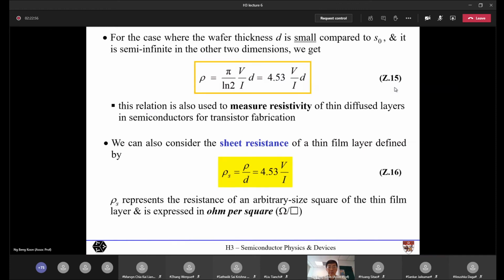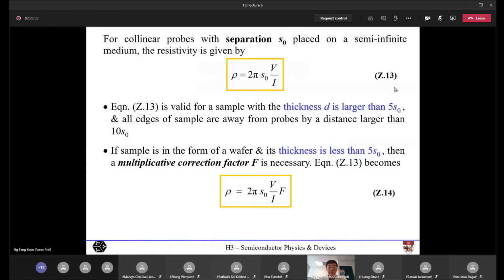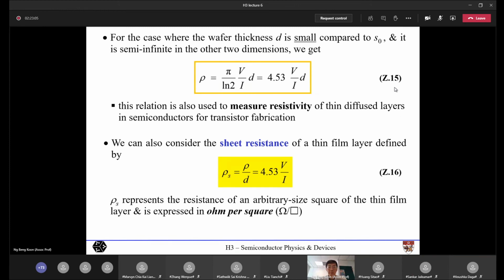Small as in significantly smaller. But in any case, for the experiment that you're doing, the size of the wafer satisfies this last condition here. So you would use this equation for the calculation.